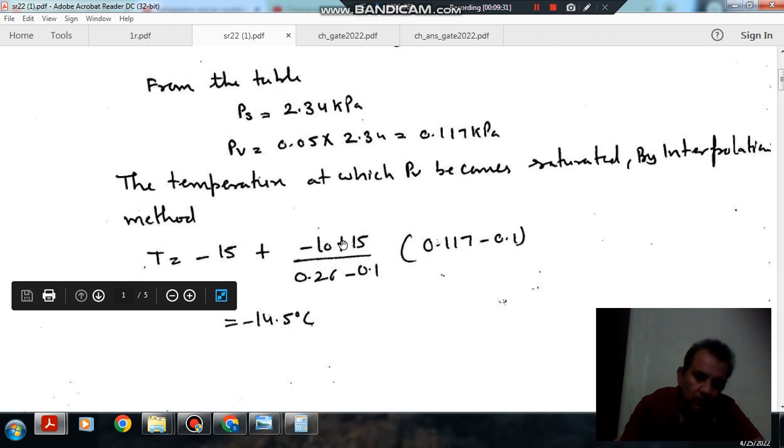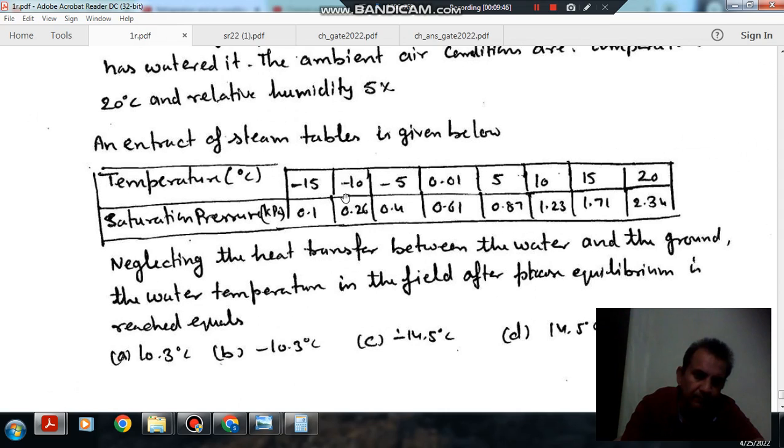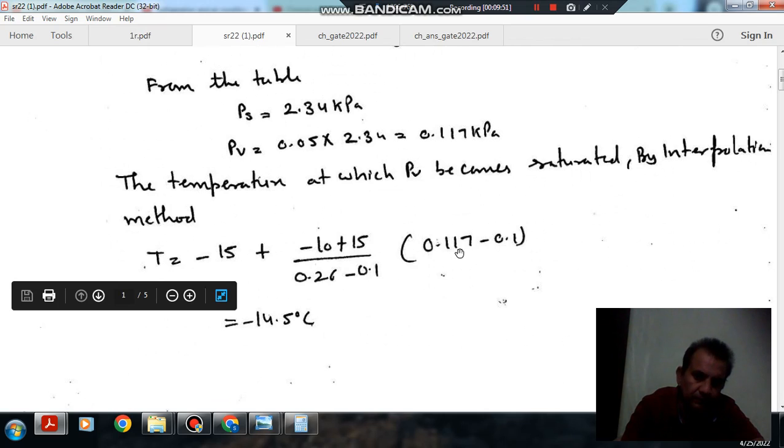The saturation pressure at minus 10 is 0.26, so the increase in pressure from minus 15 to minus 10 is 0.1 to 0.26. The increase in pressure for this amount is this much, and so the temperature will be minus 14.5.